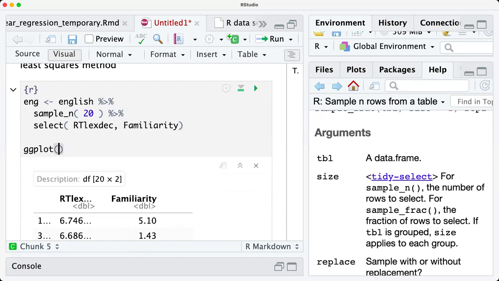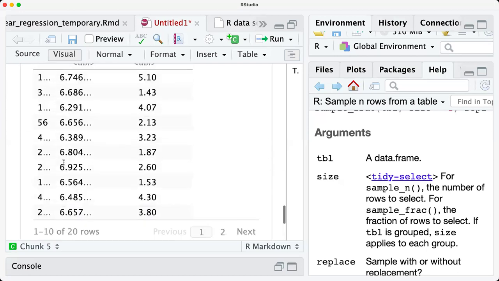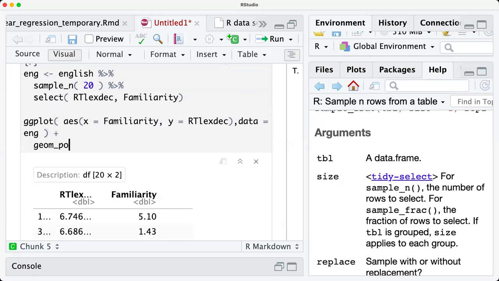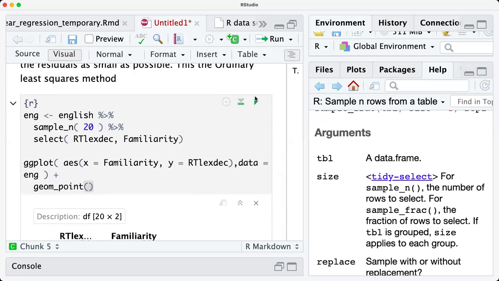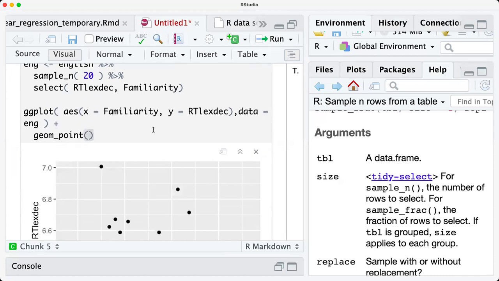And let's ggplot it. So the data is now in. Then on the x-axis we put the familiarity. On the y-axis we put the lexical decision time. Then we plot the points. Now the plot is clearer, and let's take whatever line.